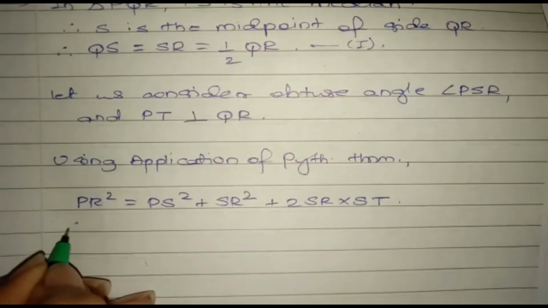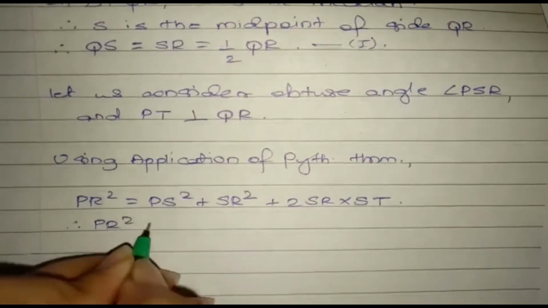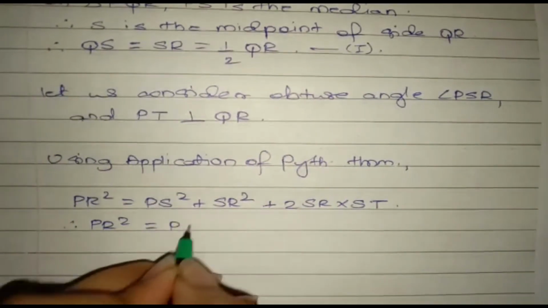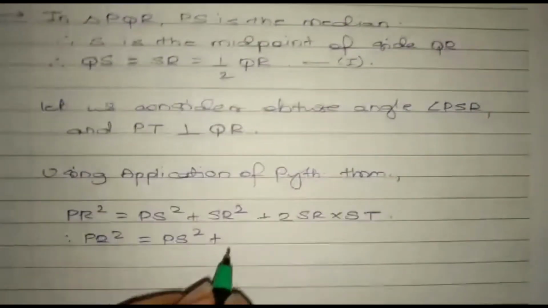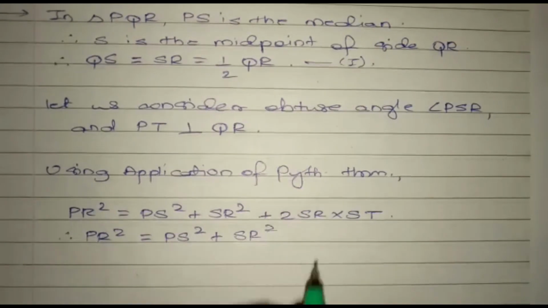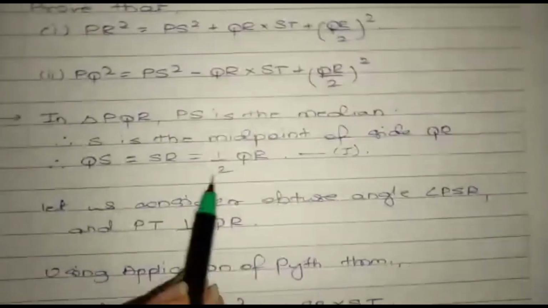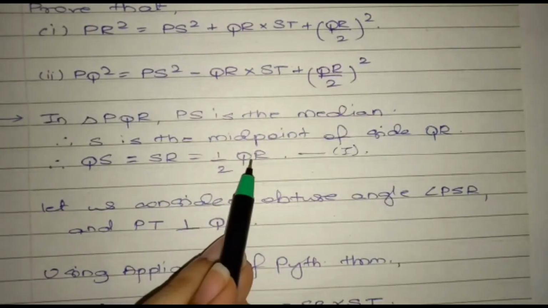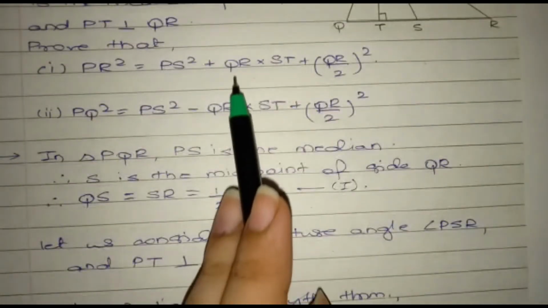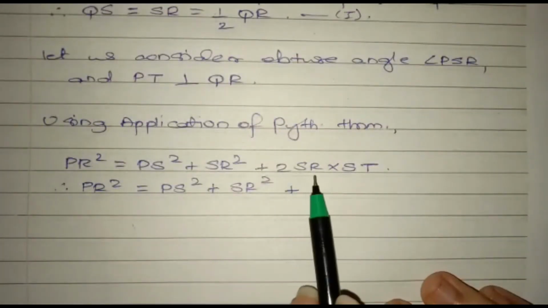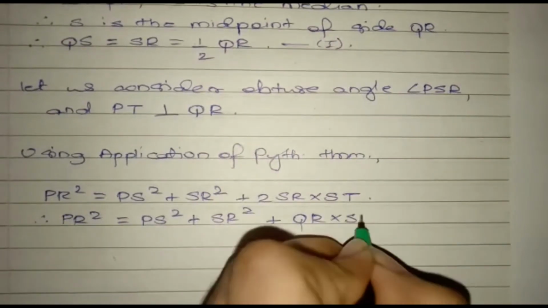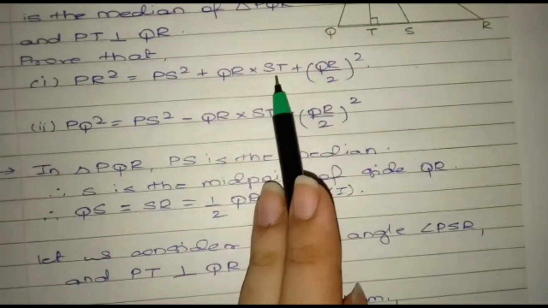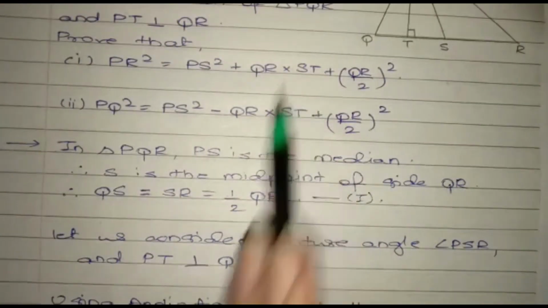So we can write it as, therefore PR square is equal to PS square, which we want. SR square is not needed, but we will see it later. Plus, now 2 into SR is QR, and we want QR here. So 2 into SR, we will replace it by QR into ST. ST was needed, so we didn't eliminate it.